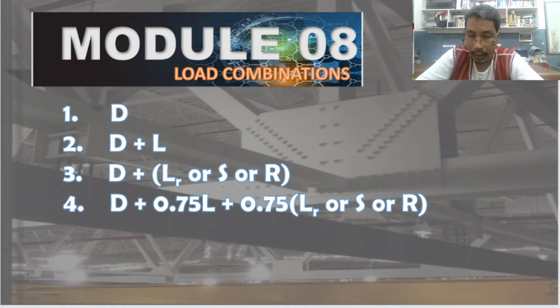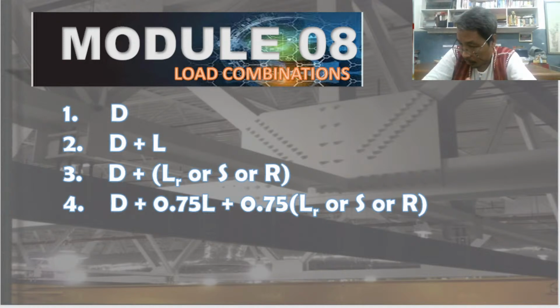According to the code AISC 360-16, these are the following formulas that we have to use when we calculate the maximum load, the required strength. Let us mention it one by one.